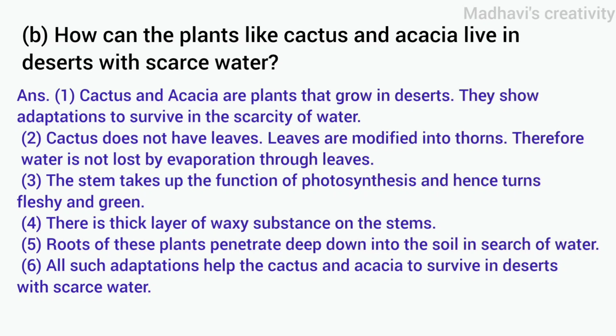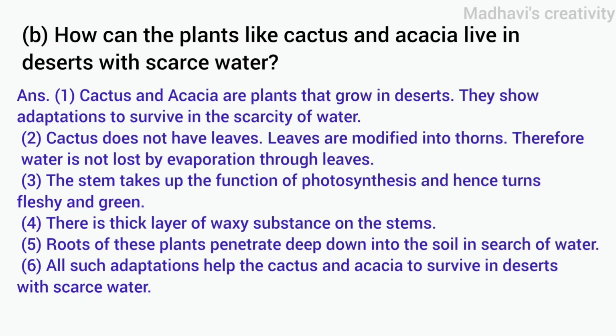Second, cactus does not have leaves. Leaves are modified into thorns. Therefore, water is not lost by evaporation through leaves.